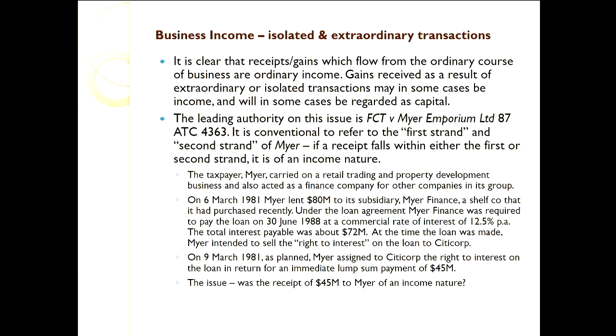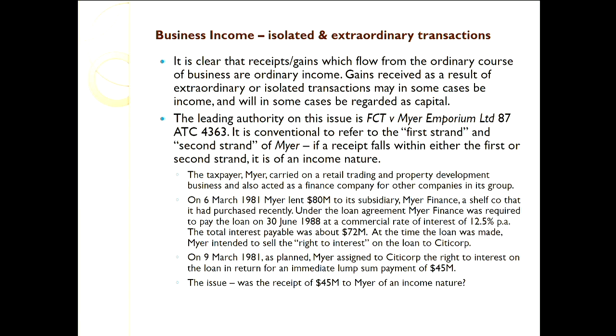So the economic incentive is that Maya wants $45 million now. How is it going to get it? It's creating this loan agreement in its group, which has a right to interest, and it's selling that right to interest.